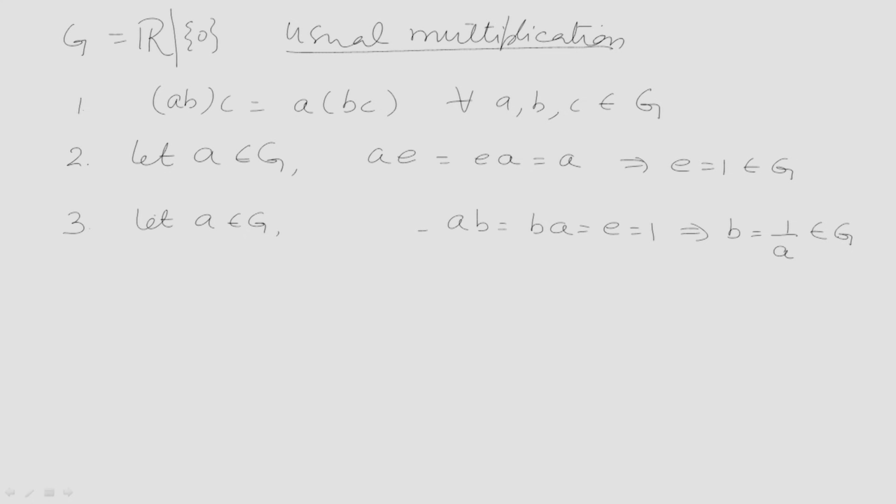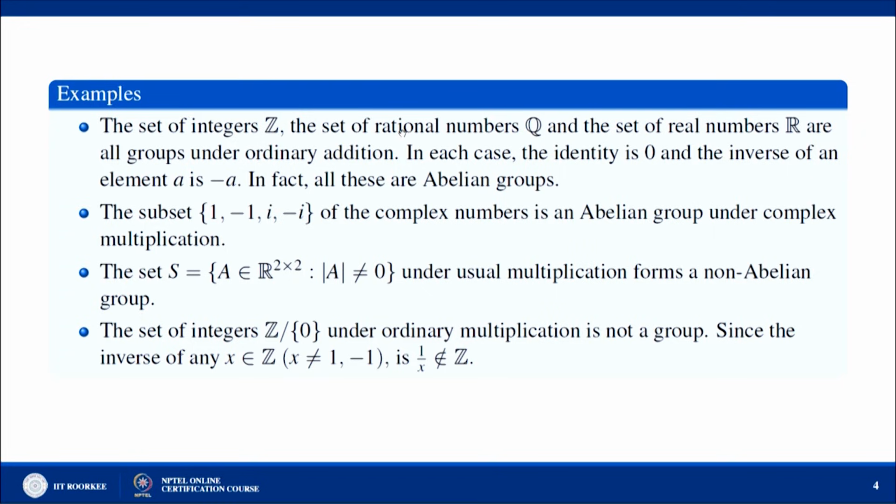Suppose you want to find out the multiplicative inverse of 2. So, it is 1 by 2, which is in the set of real numbers excluding 0. So, that means this set G under the binary operation usual multiplication constitutes a group. So, here are some examples.